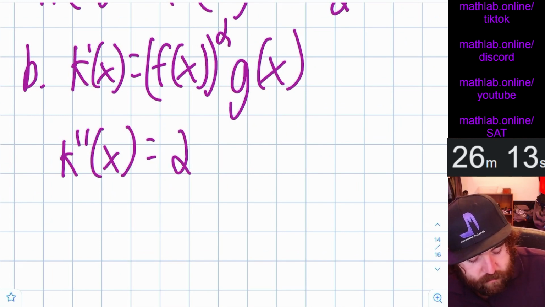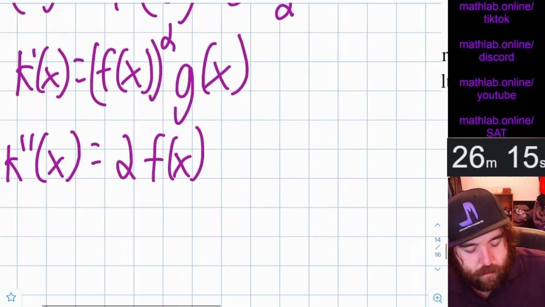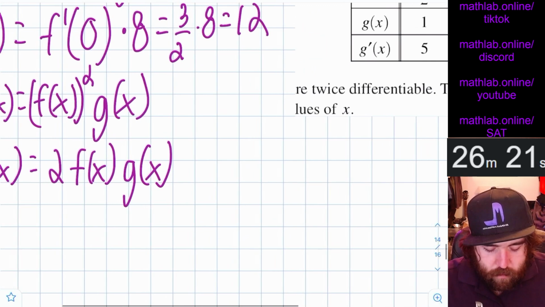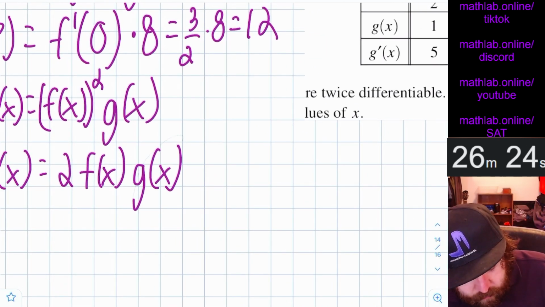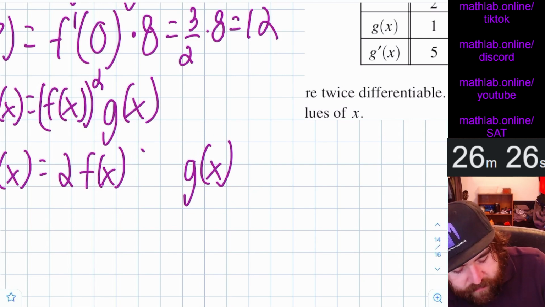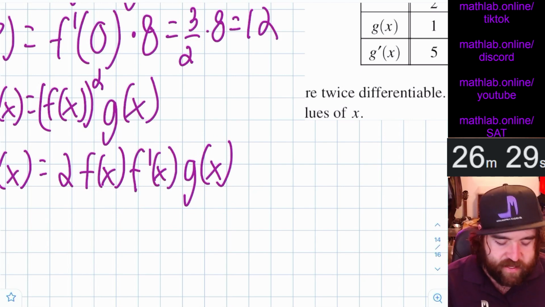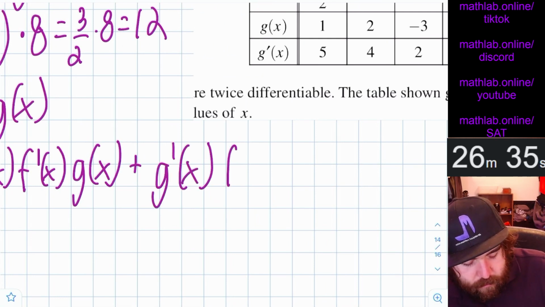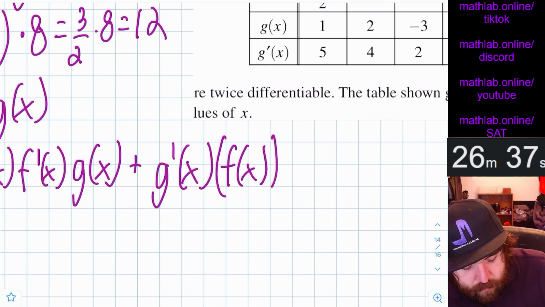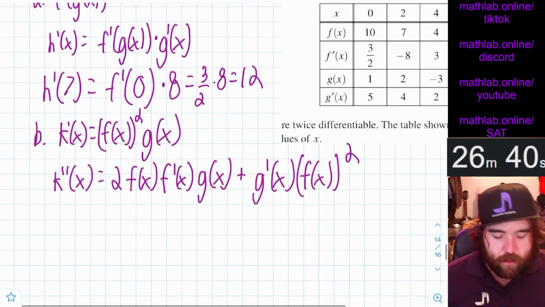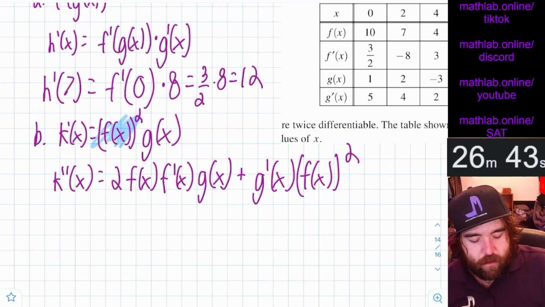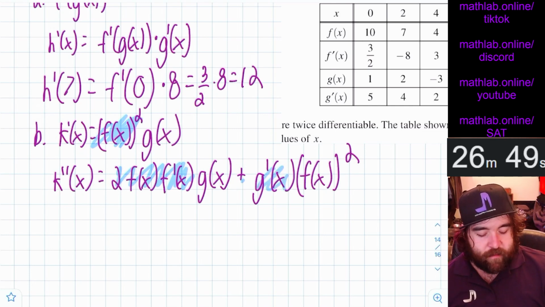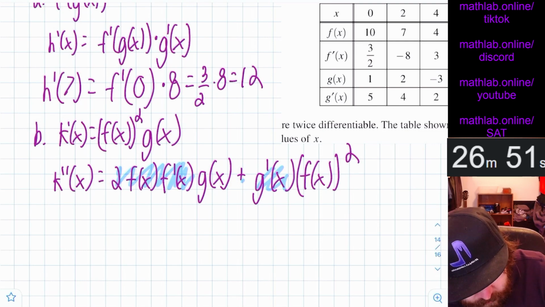So that's product rule, also chain rule. 2 times f of x times f prime of x, and then times g of x, and then plus g prime of x times f of x squared. Right? So the derivative of f of x squared is 2 f of x, f prime of x, times g of x. And then the derivative of g of x is g prime of x times the original.